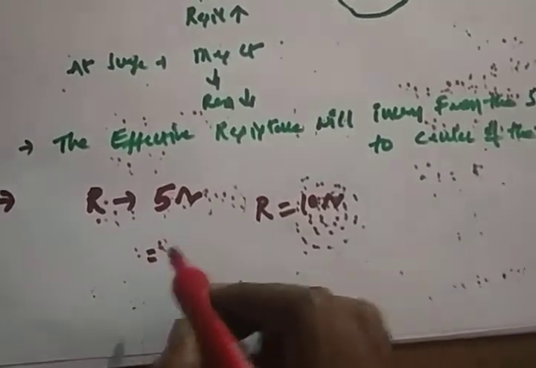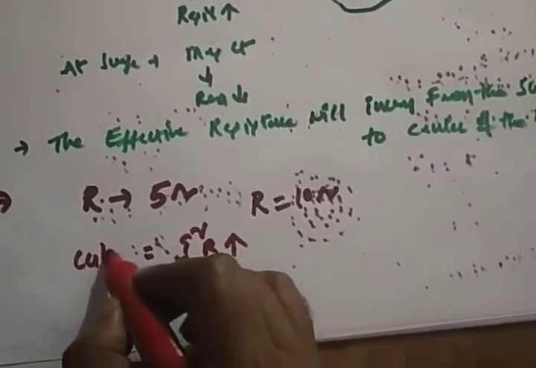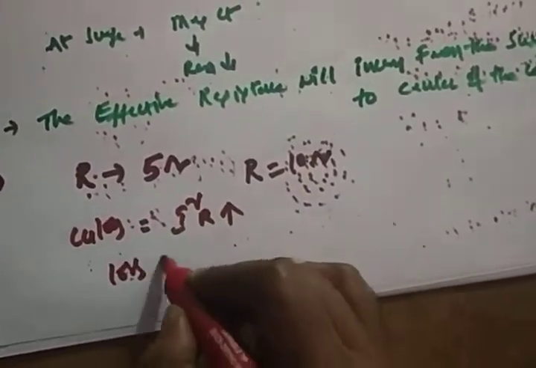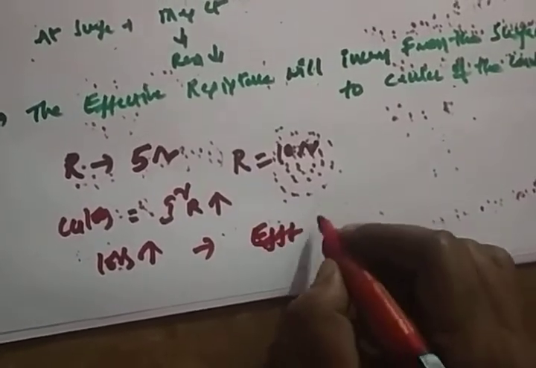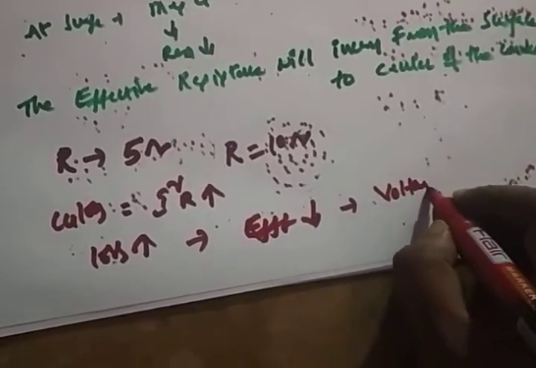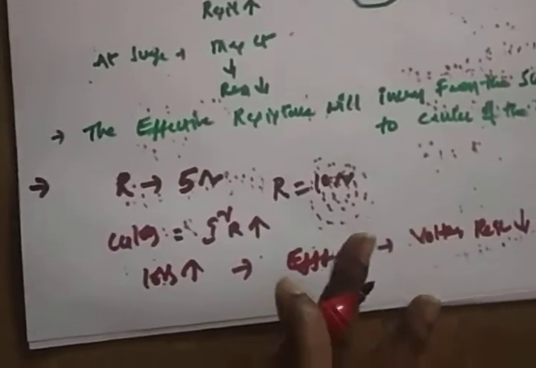If the effective resistance value increases, the I square R value increases, copper losses I square R increase. If the losses increase, what about the efficiency? Efficiency reduces. What about the voltage regulation? Reduces. So these are the effects.